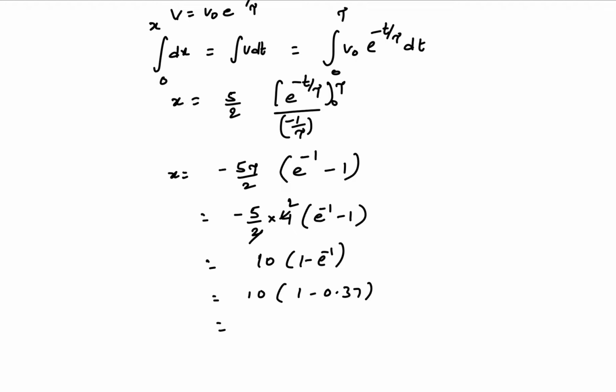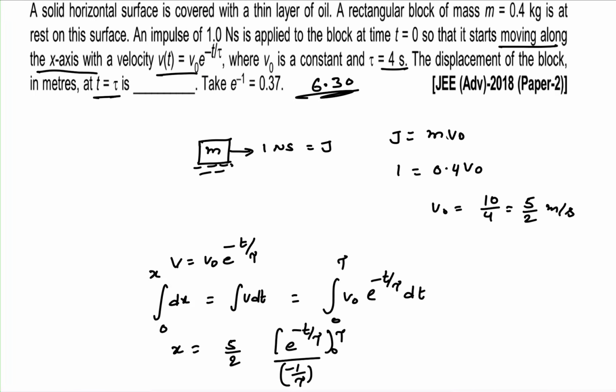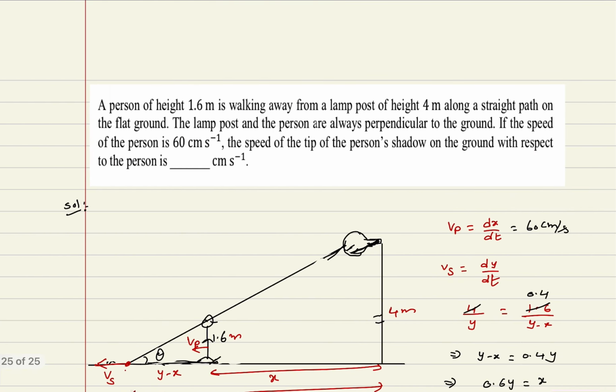Here e power minus 1 is 0.37, so 10 into 0.63. This value is approximately 6.30. Now you see the answer they have given is 6.30.